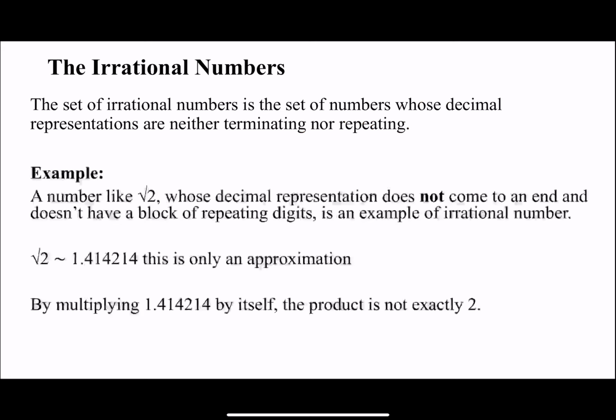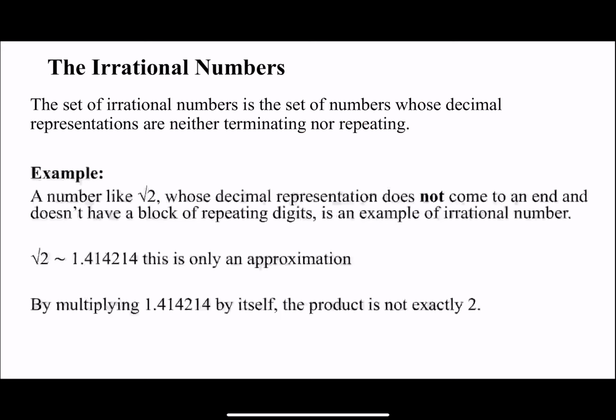The decimal digits are not terminating, the decimal digits are not repeating, so the decimal representation does not come to an end and doesn't have a block of repeating digits, right? It doesn't end. So the square root of 2 is an example of an irrational number.